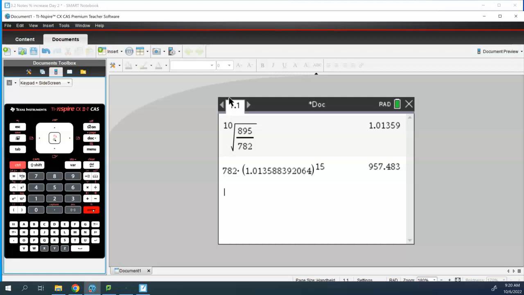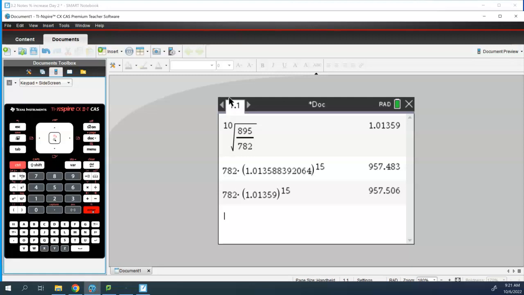Basically, the way I did it, I used the second answer key, and it takes whatever the exact answer was and took the 10th root of that. Now, if I would have done this, 782 times 1.01359 raised to the 15th power, it would have been very close.